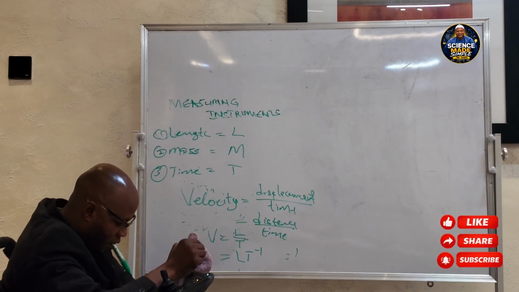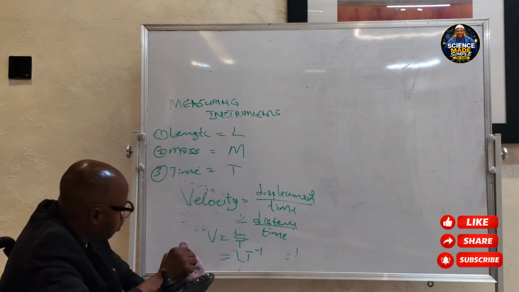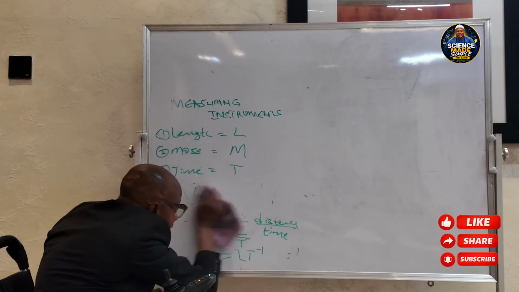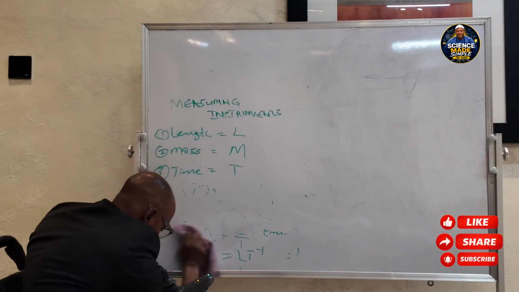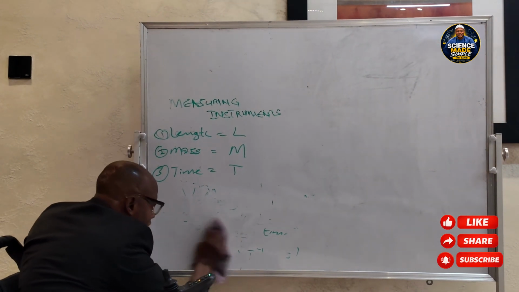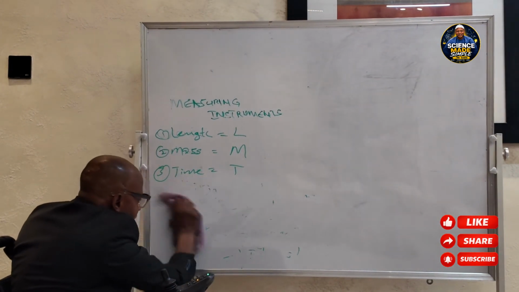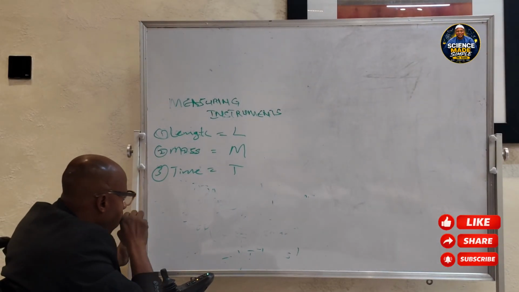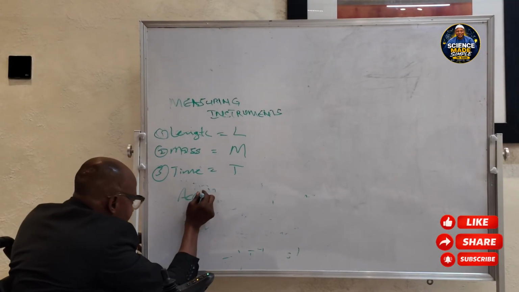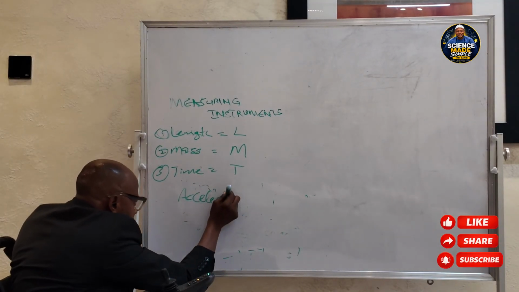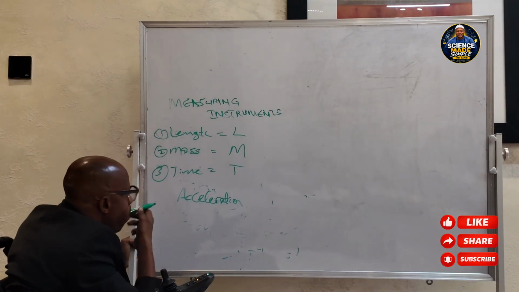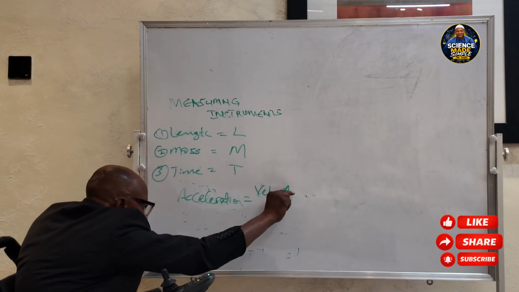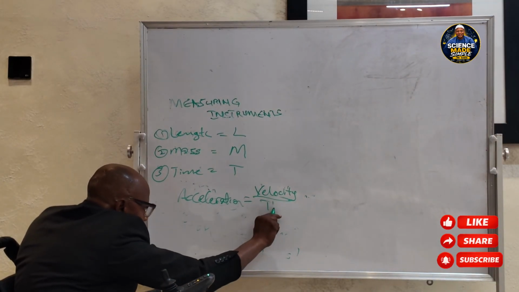Another derived quantity that I want to look at is acceleration. Acceleration is defined as the change in velocity with time, that is, acceleration is equal to velocity over time.